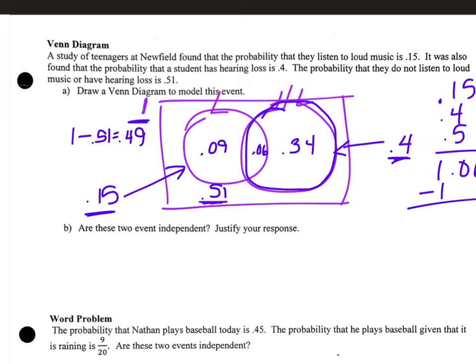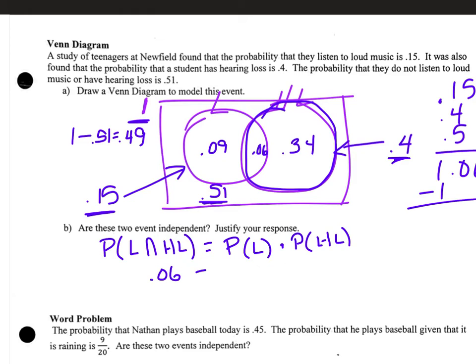Are these 2 events independent? When we're doing this one, you could do the given probability, but that one's a little bit harder. So I would say do the AND one, which tends to be the easiest in my opinion. So the AND is equal to each of the individual ones multiplied. We just have to find those probabilities and put those in here. So the AND is 0.06.